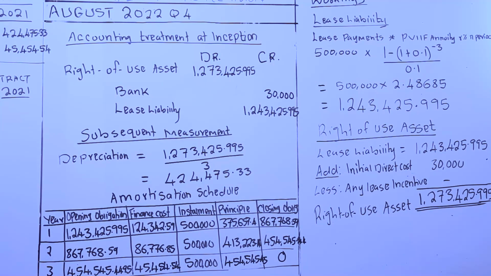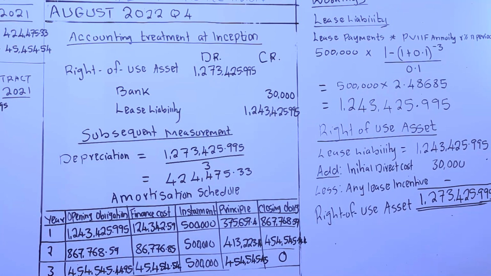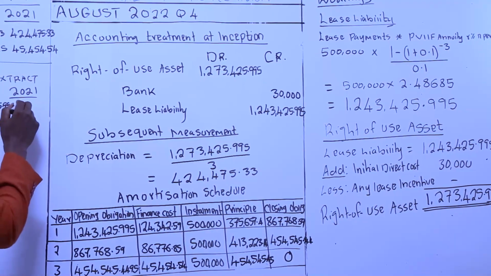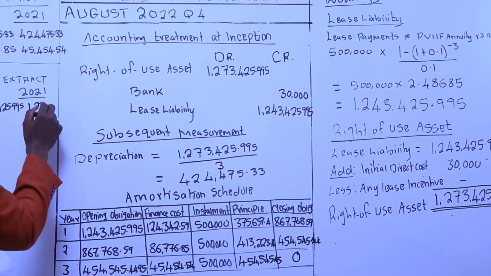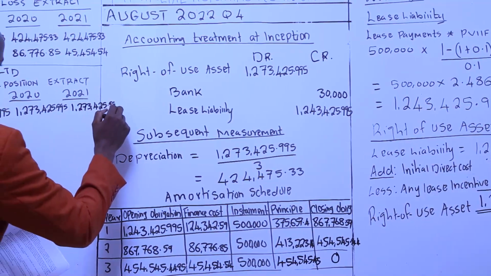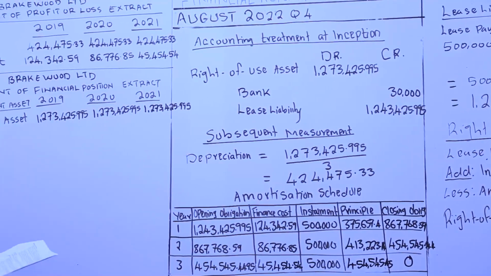That will be the same through. Maybe I should round them off so that they can fit on my board. So that will be for my 2021.